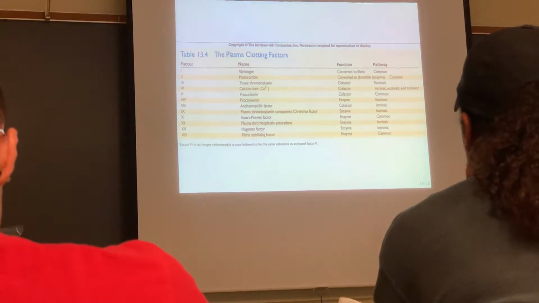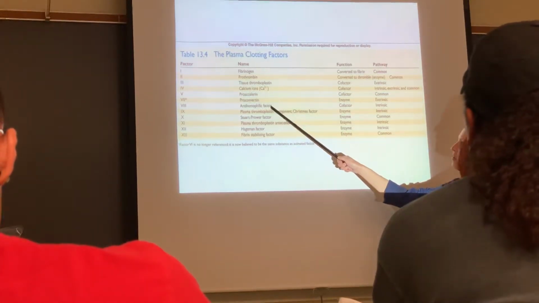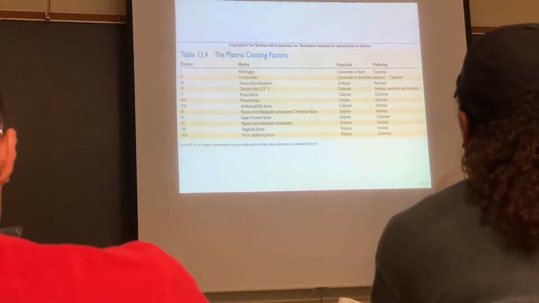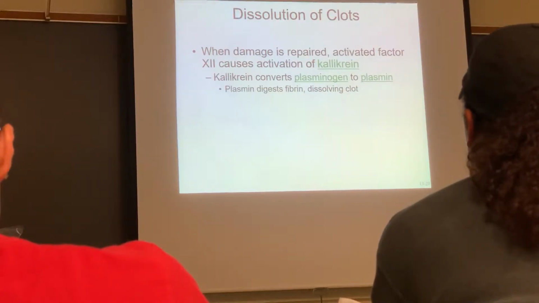I'm pretty sure he discovered it. But anyway, that's hemophilia A, clotting factor 8, hemophilia B, clotting factor 9.